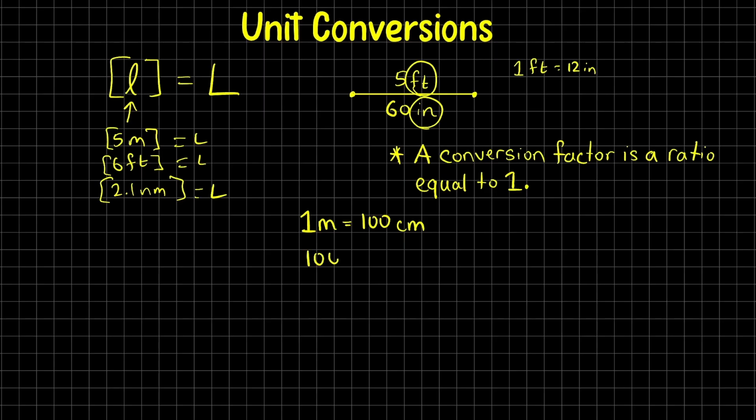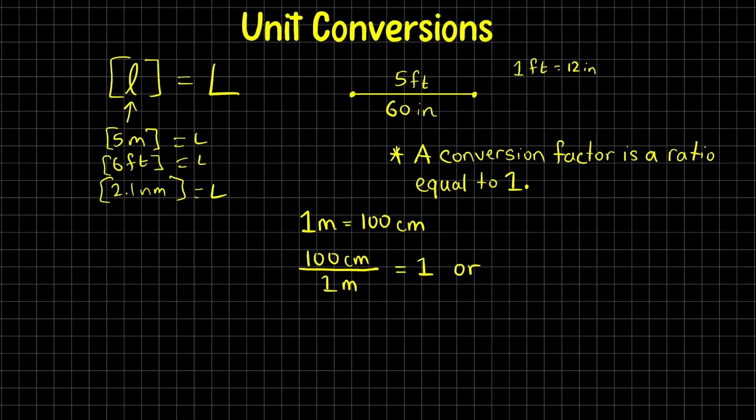I can say 100 centimeters divided by 1 meter is equivalent to just 1. This is a true statement. Just like the example above with 5 feet and 60 inches, they're the exact same length. It's the exact same quantity. So when I divide them by each other, I'm going to get 1.